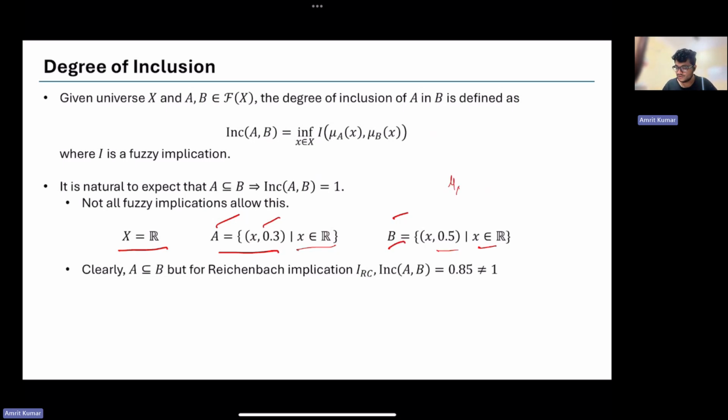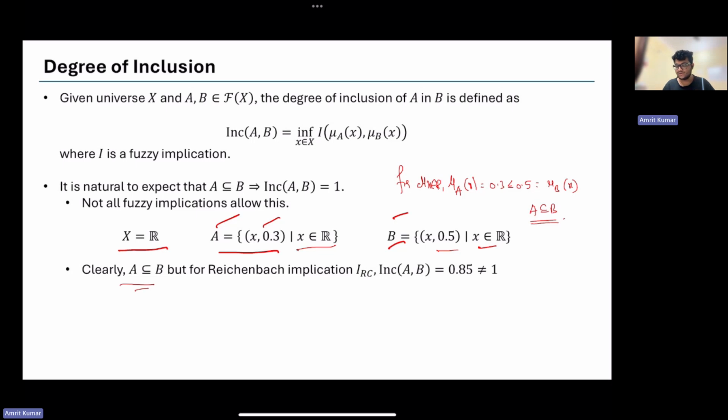And therefore, for all real numbers x, the membership function of A at x is less than or equal to the membership function of B at x. Or in other words, A is a subset of B, right?